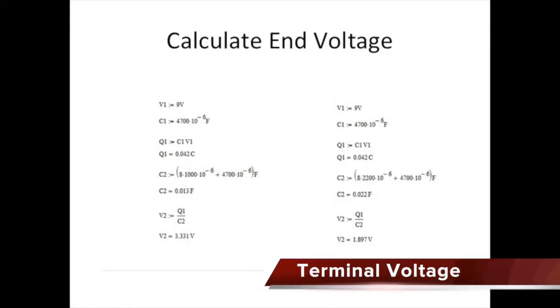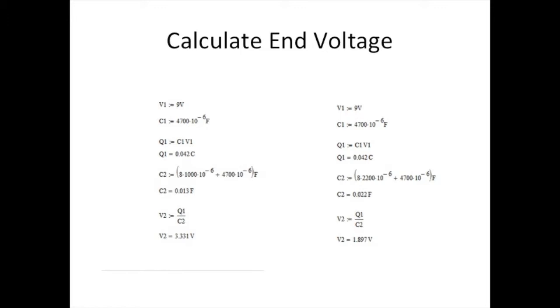Now we go on to calculate the estimated end voltage of the circuit. On the left here, we see if we start with a large capacitor of 4,700 microfarads and a charge voltage of 9 volts, the charge contained in that capacitor is C times V, or 0.42 coulombs.